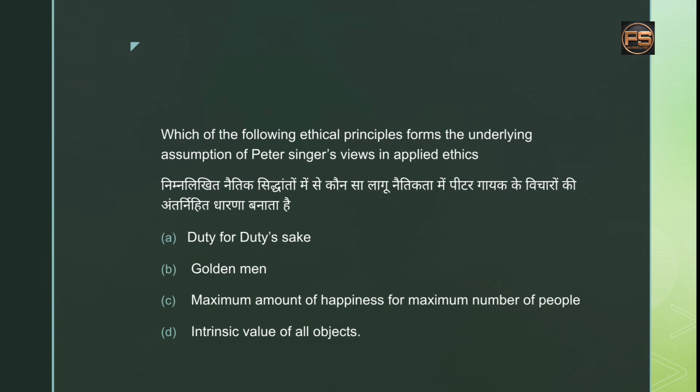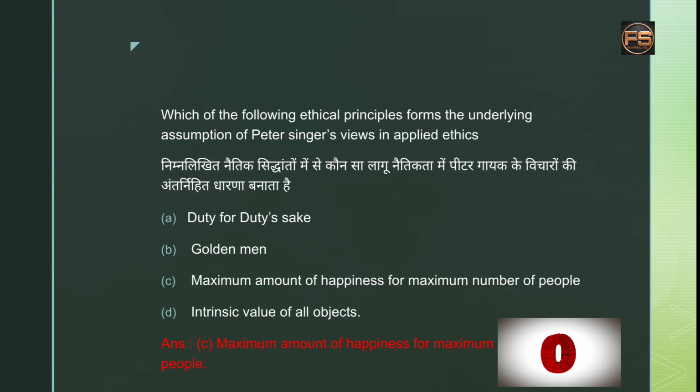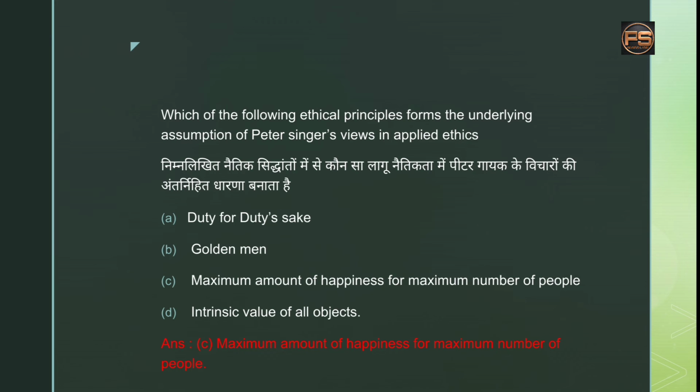Next question is, which of the following ethical principles forms the underlying assumption of Peter Singer's views in applied ethics? And the answer is C. Maximum amount of happiness for maximum number of people.